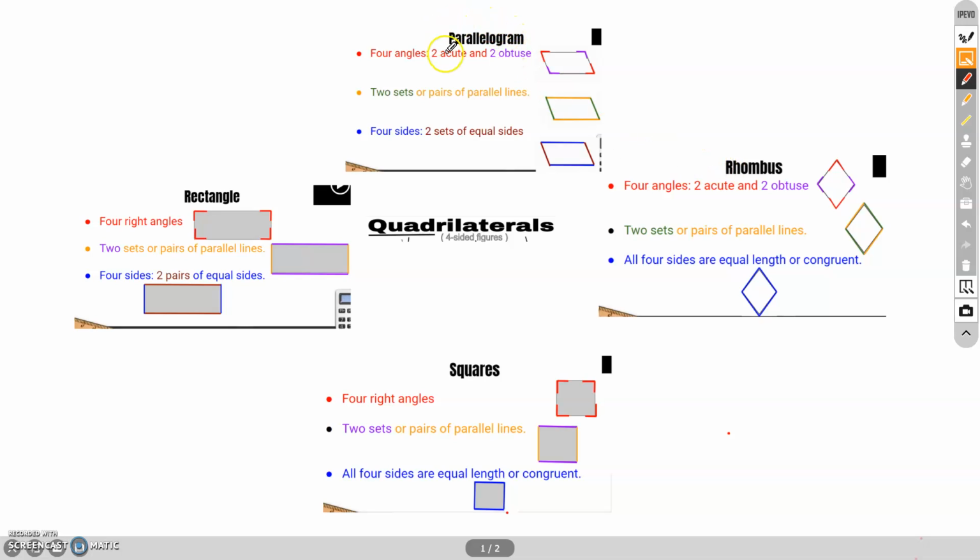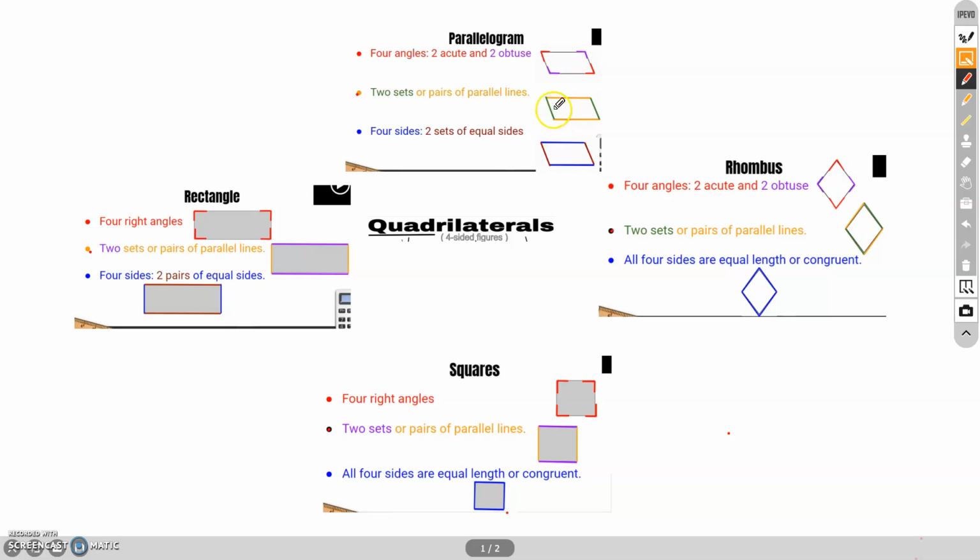In order to be a parallelogram, we have to have two sets of parallel lines. Okay, and as I pointed out, all four of these shapes have two sets of parallel lines. And what is a parallel line? Parallel lines are lines that do not touch.